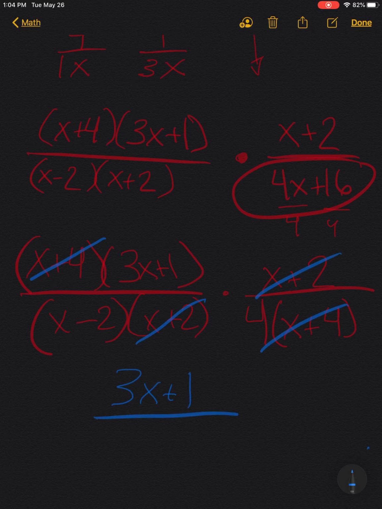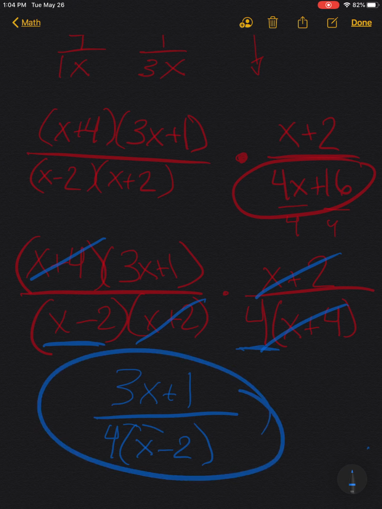No parentheses needed because it's not being multiplied by anything. And then I see this x minus 2 is left and this 4 is left. So we're just going to write it like this, always with the coefficients in front. Now, if you want to go ahead and distribute that too, you can. Distribute the 4, you can, but it's really not necessary. You can actually just leave your answer like that.